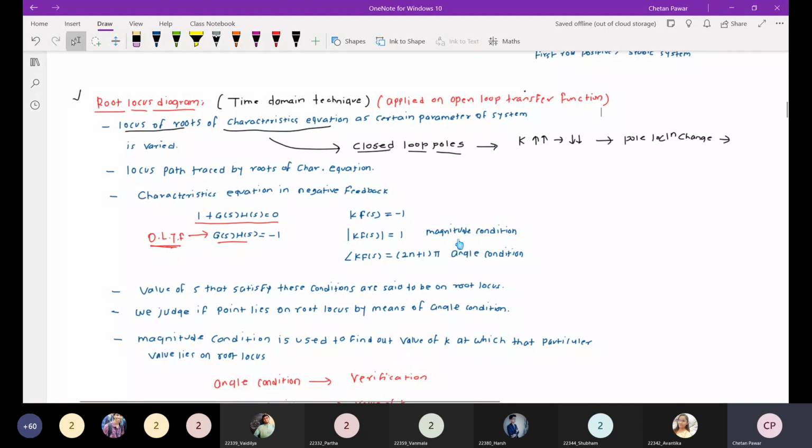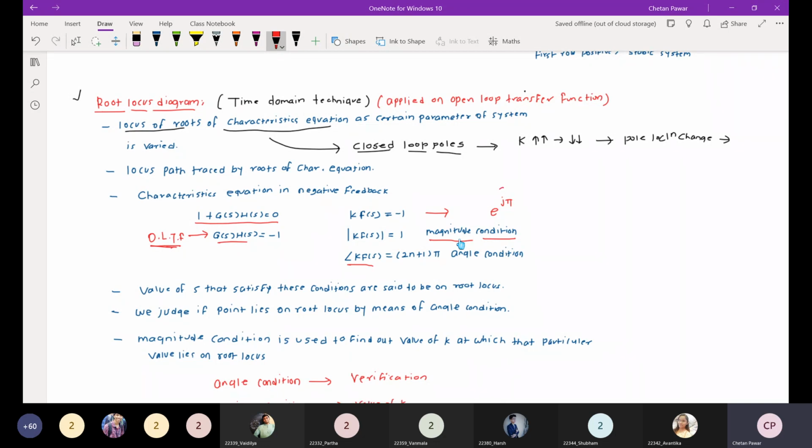And this is called the magnitude condition. You will see what is the use of this. And if you find the angle of this term, that will be (2n plus 1) times pi, because -1 is e raised to j pi.